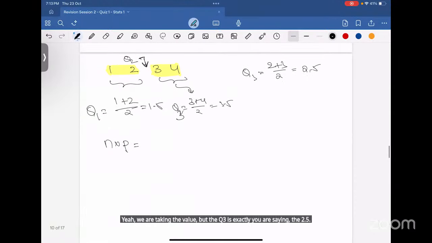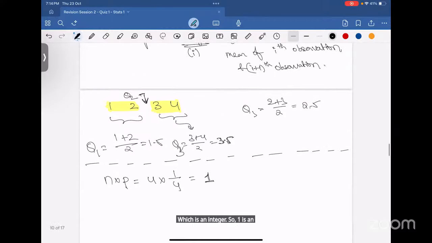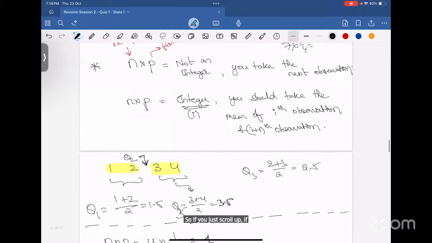So we will do it by NP also. You will get much more clarity. For the 25th percentile, N is 4 and P is 1 by 4, and NP is 1, which is an integer. If your NP is an integer, then you should take the mean of that integer-th observation and the next observation.